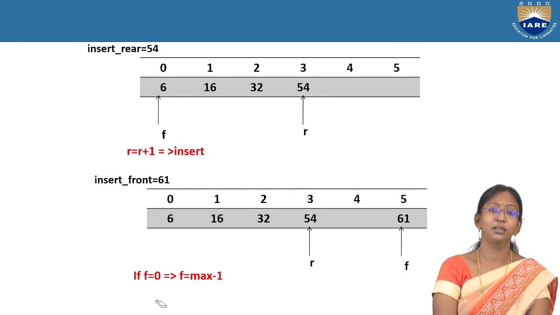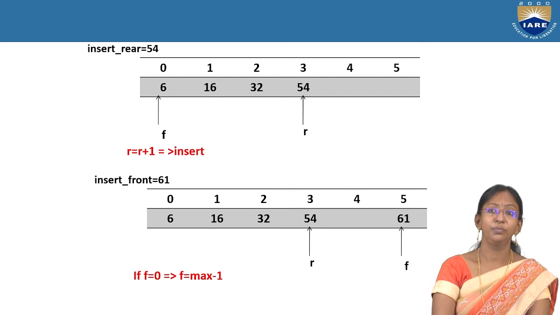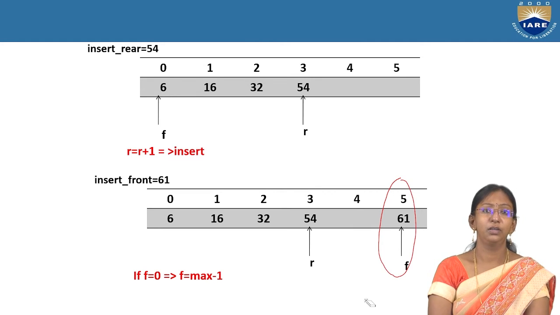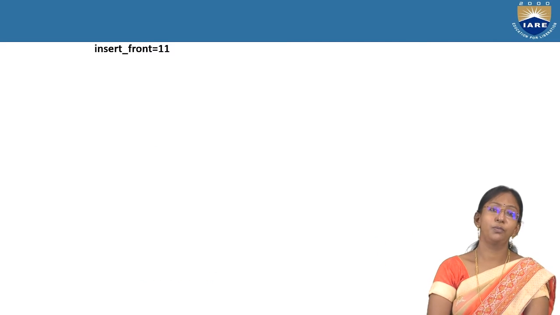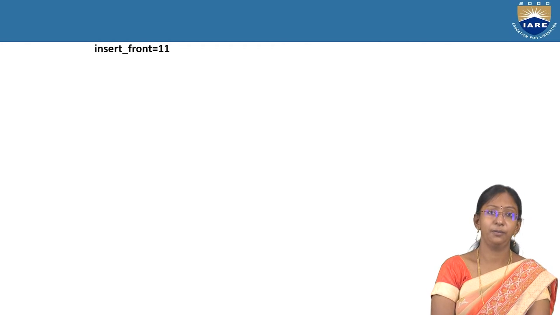So make the front move in a circular fashion and reach the highest index value where the slot is empty. Now insert the new value into that index, which is 61, right?